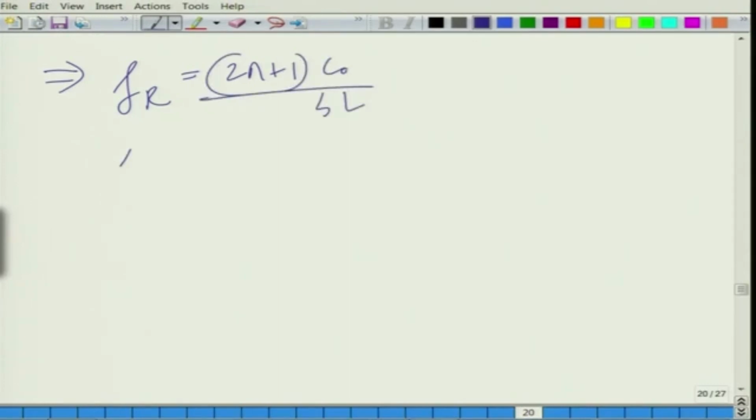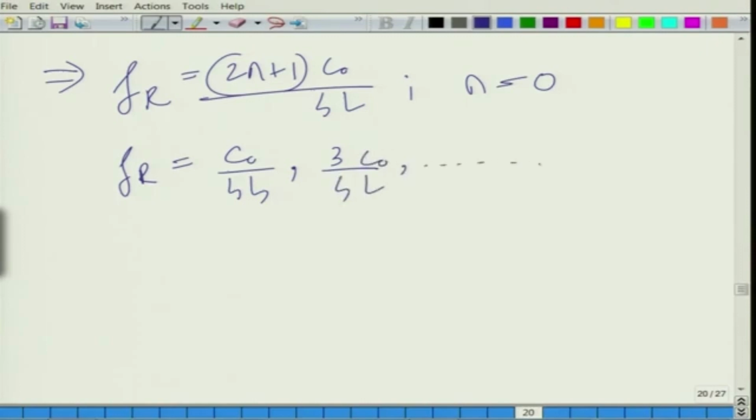So, clearly the first resonance frequency can be obtained by setting n is equal to 0. So, you get c naught by 4L as the first resonance frequency. Then if you put n is equal to 1, you are going to get 3 by 4L into c naught and so on.